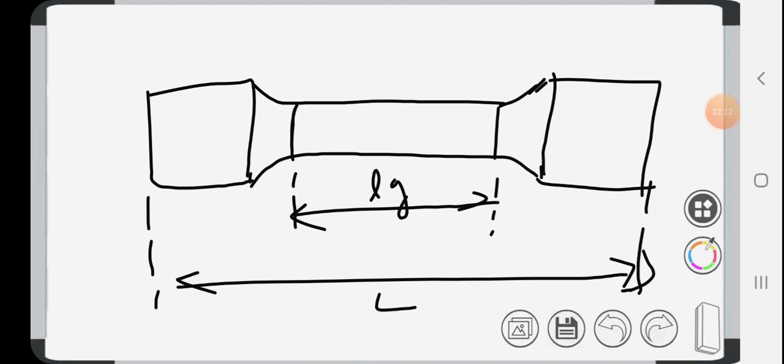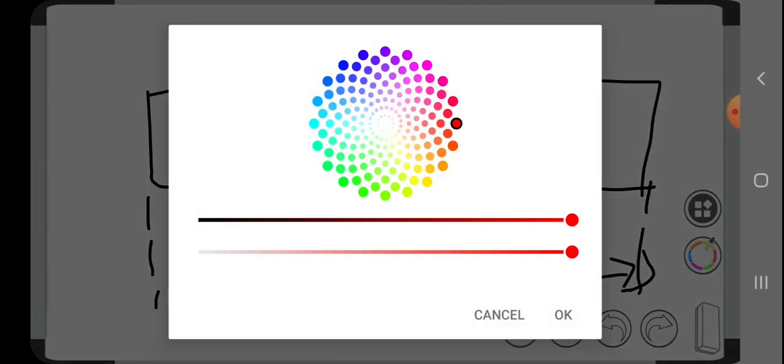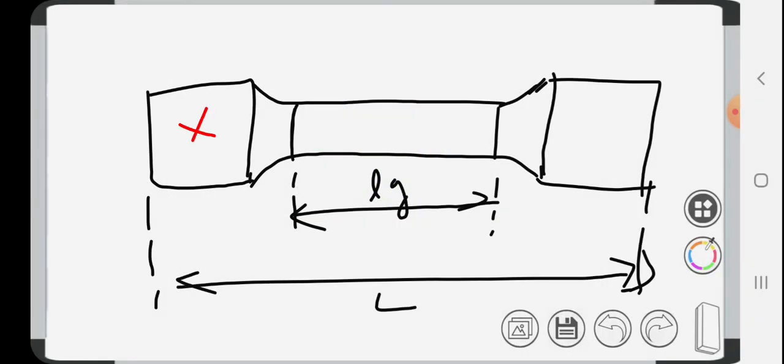Students, I have drawn that kind of specimen here. These two parts of the specimen are for fixing the specimen in that particular machine.